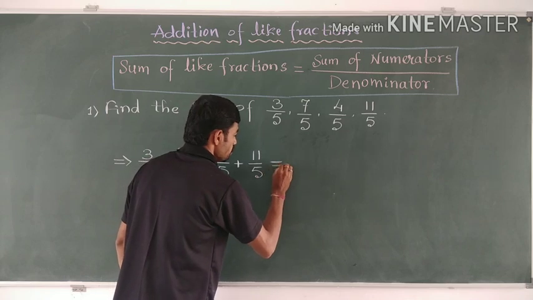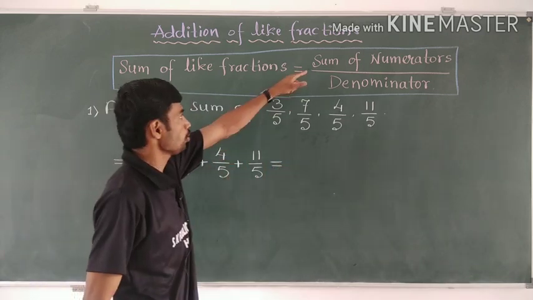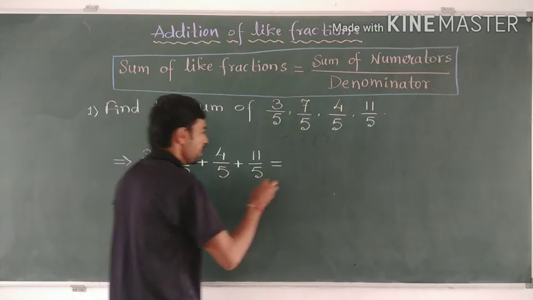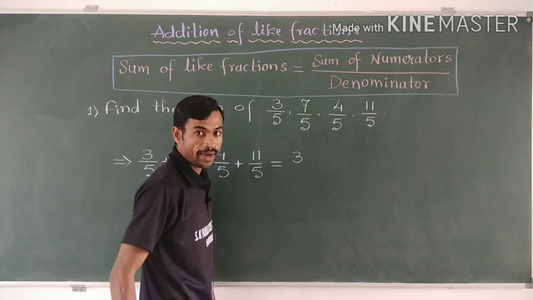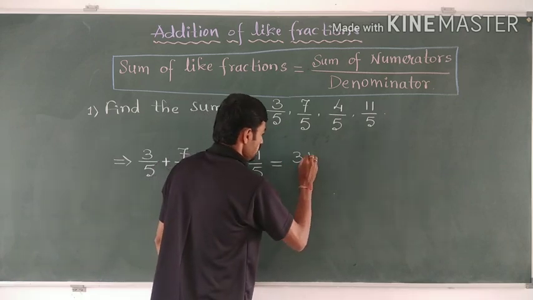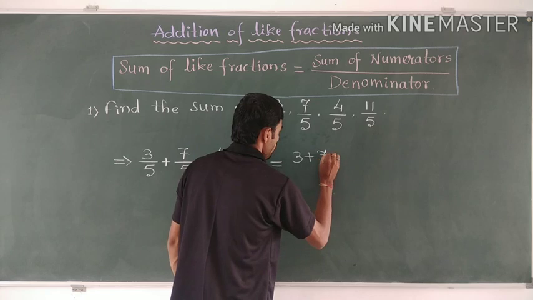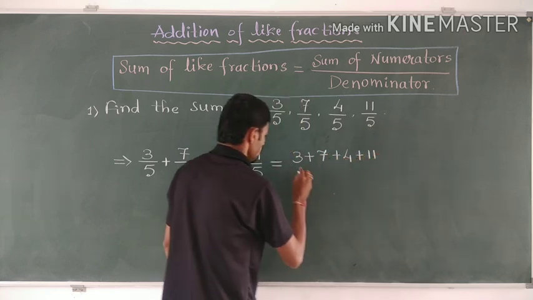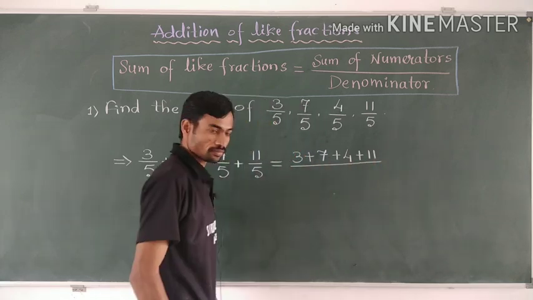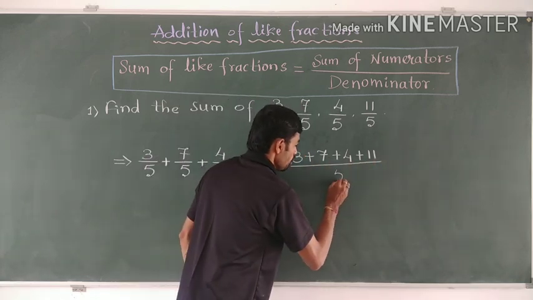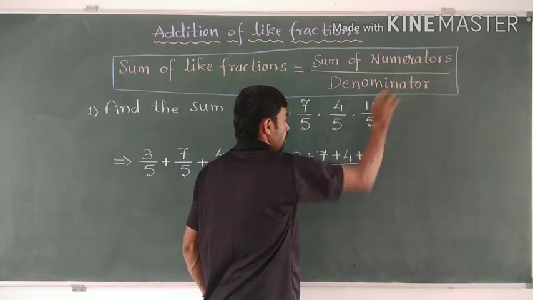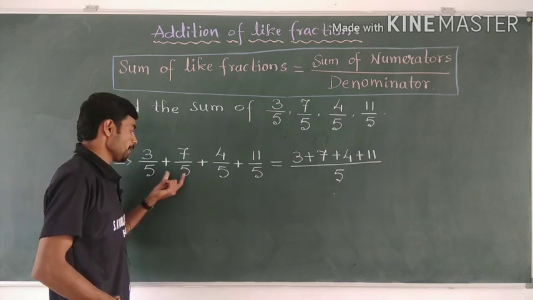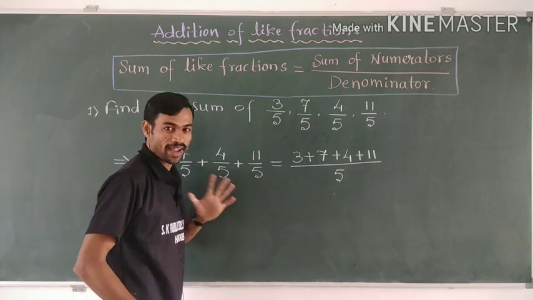Here we use the same formula: sum of all numerators, which means we only add the numerators. 3 plus 7 plus 4 plus 11, divided by the denominator. It is the same denominator; you are not supposed to add 5 plus 5 plus 5 plus 5.